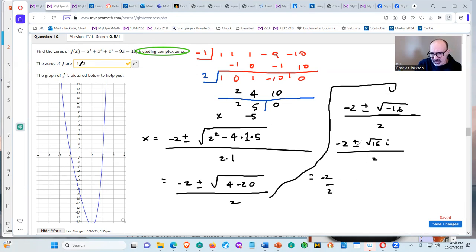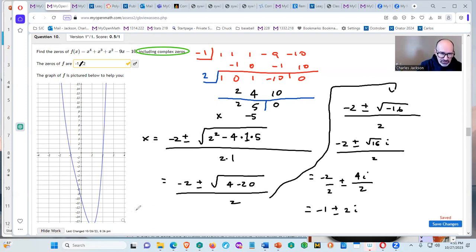I'm going to split this fraction apart horizontally so that we put the 2 under each. Plus or minus, and then put the 2 under the other thing, which is just 4i. So -1 plus or minus 2i. Those are the last 2 zeros.